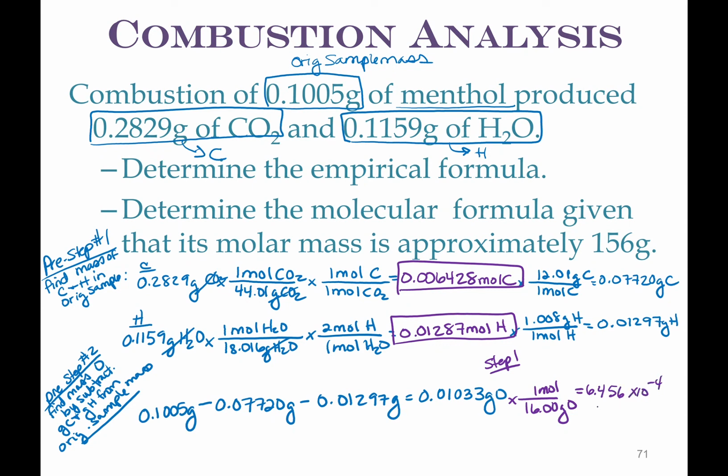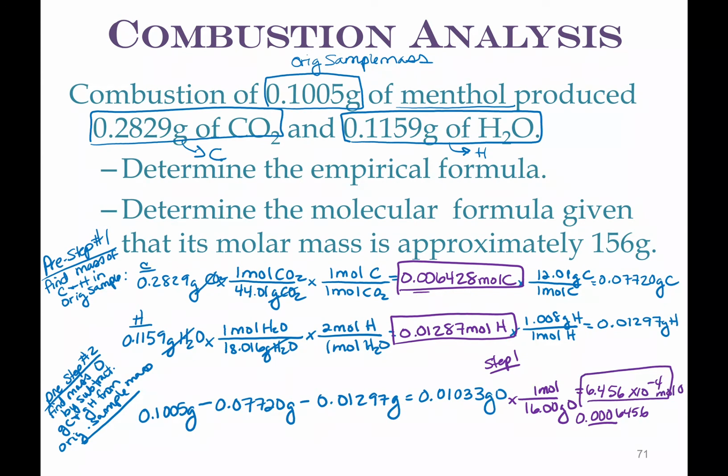If we were to write that non-scientific, it would look like 0.0006456. So there are 3 zeros here and only 2 zeros in the other one, so oxygen is the smaller one. And these are moles of oxygen.